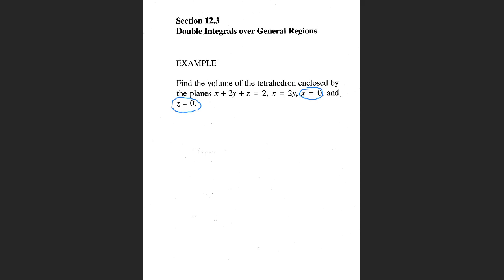That's the YZ plane, because all the points in the YZ plane have x coordinates of 0. Okay, now let's think even further here. Are there any questions so far?